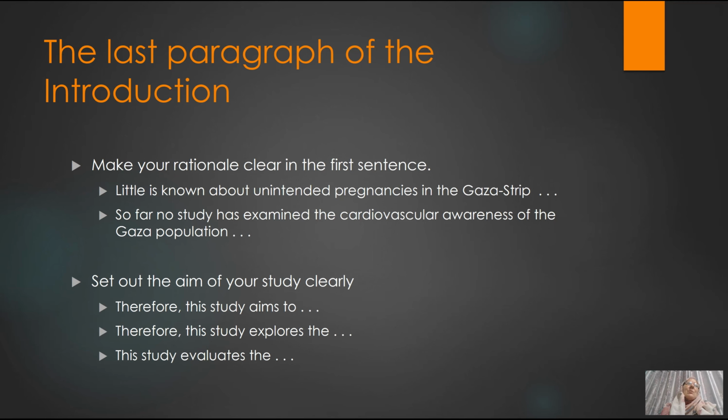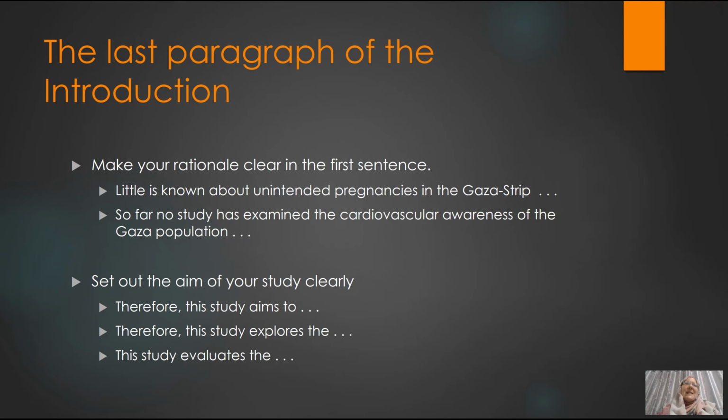So you make your rationale clear in the first sentence of the last paragraph. For example, little is known about unintended pregnancies in the Gaza Strip. Or you say, so far no study has examined the cardiovascular awareness of the Gaza population.